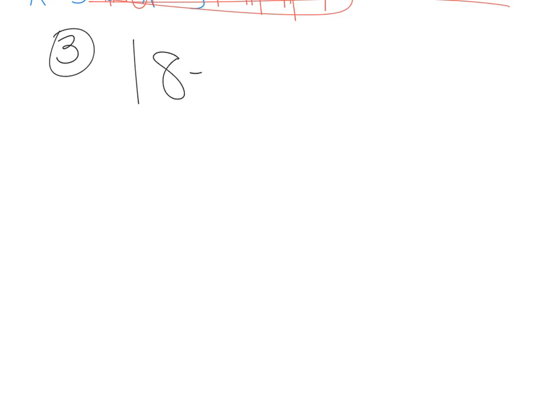All right, the absolute value of 8 minus k equals 5. I wouldn't even worry about how complicated whatever's inside here is until you set up your equations, okay? Because it doesn't matter what's inside there. I could have 2 pi times 3 squared times 49,352, and it doesn't matter.